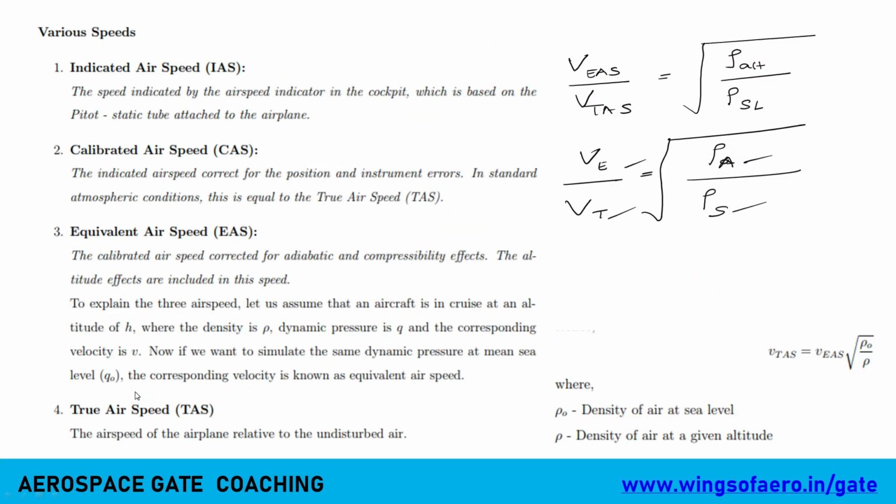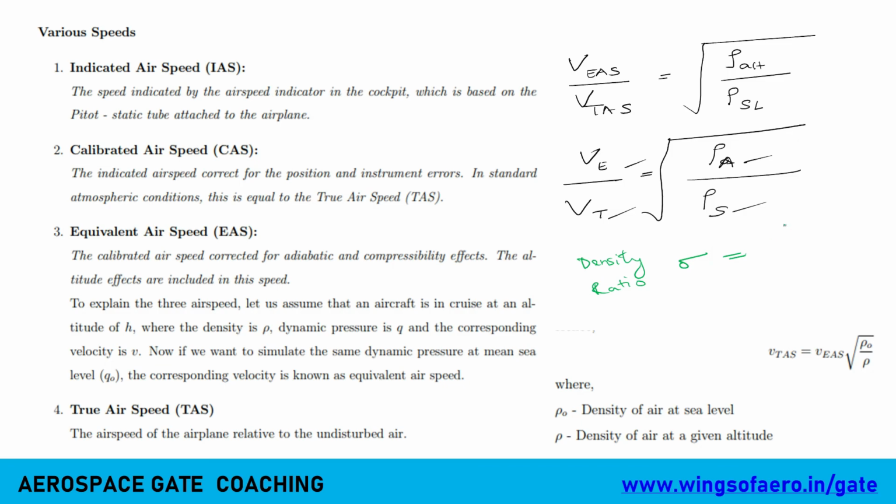One more important part I forgot, just to recall right now. Sometimes they give you one more term called density ratio, which is denoted by sigma. In some problems they will not give you the individual values, they will give you the density ratio.